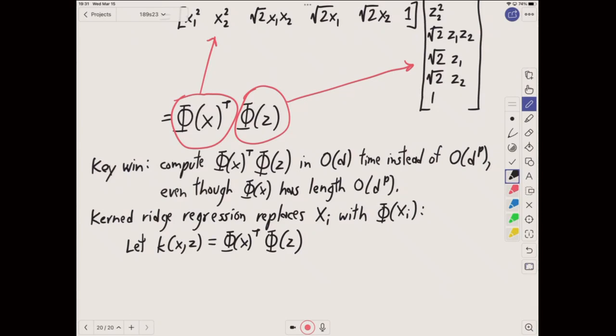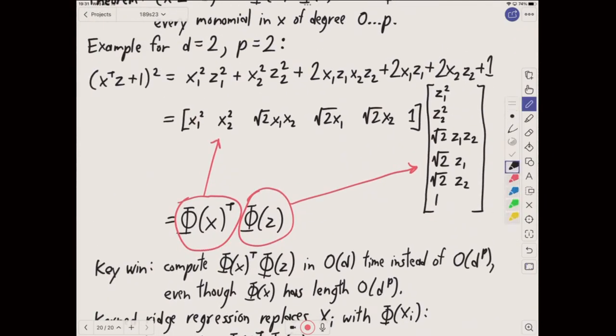Why is the complexity reduced? We still need to compute each of those individual terms. So are you asking why does it take little time to compute this? Well, x is a vector with length d. z is a vector with length d.